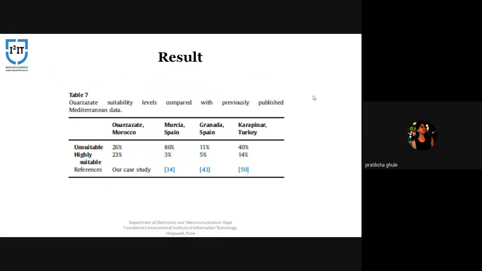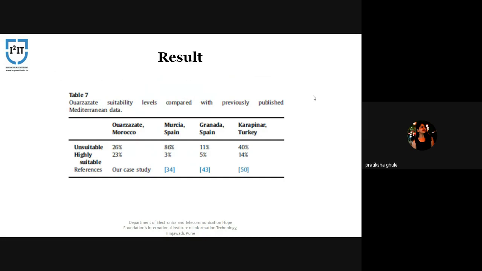The purpose of this whole research was to find the proper and suitable location for developing this project, and it was found to be a suitable and perfect location in southern Morocco.